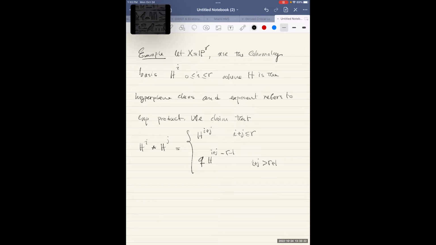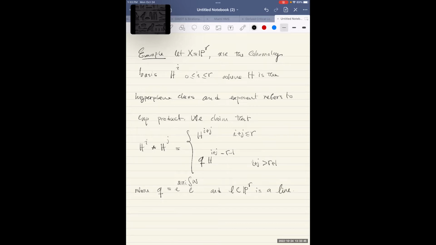Okay, where Q is e to the 2 pi i, integral of W against L, and L inside P^R is a line.